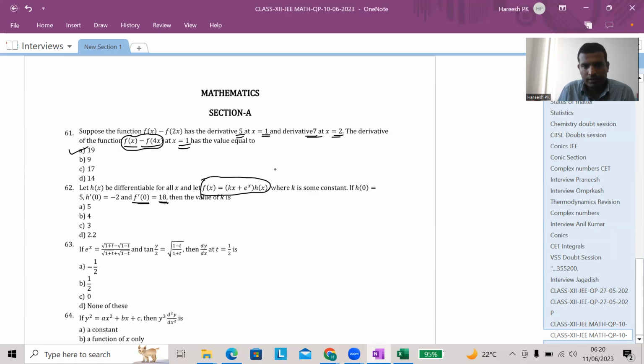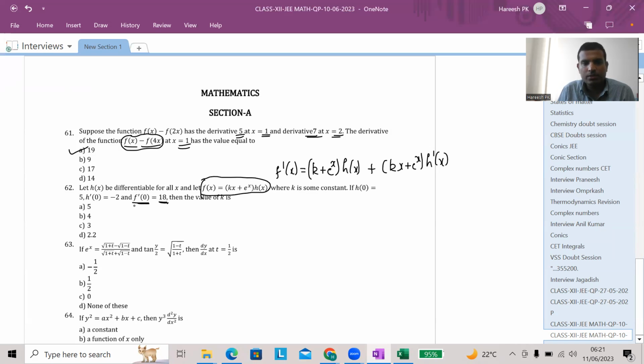When we differentiate, we get f dash x is equal to derivative of kx plus e power x, which will be k plus e power x, into h of x, and derivative of h of x is h dash. So I keep the first function as it is and differentiate h alone. So this is f dash x.